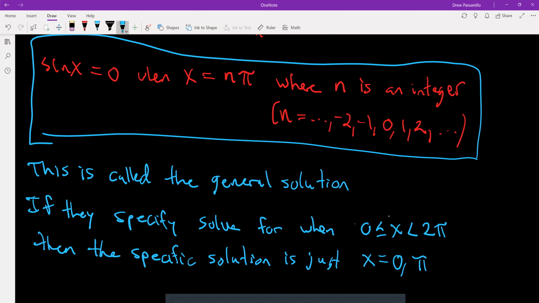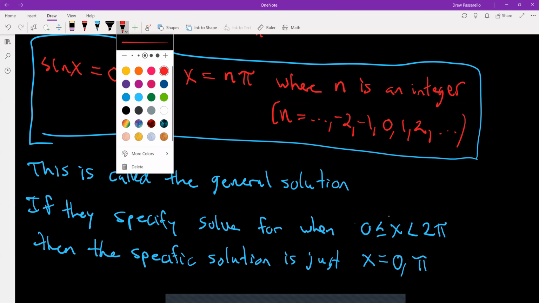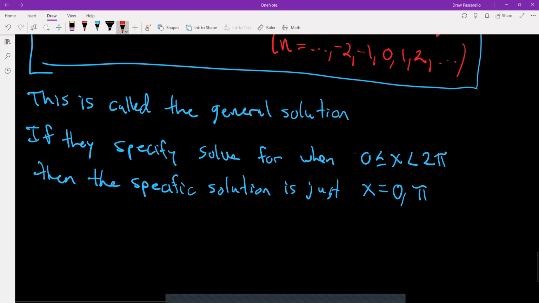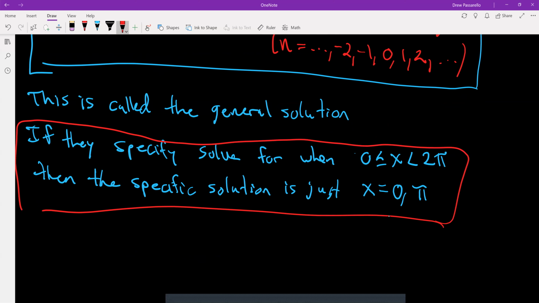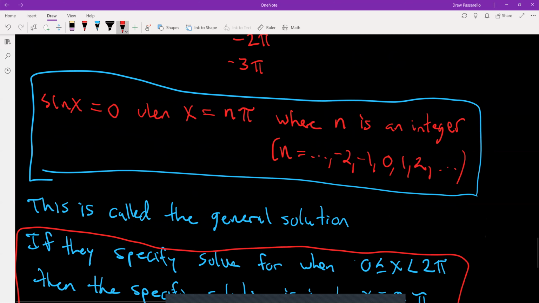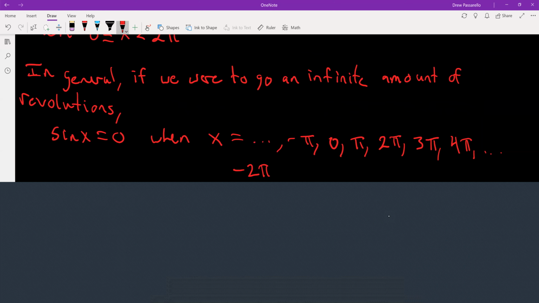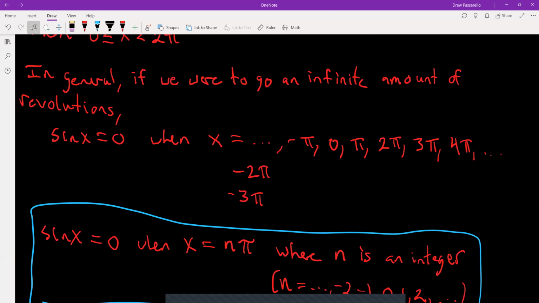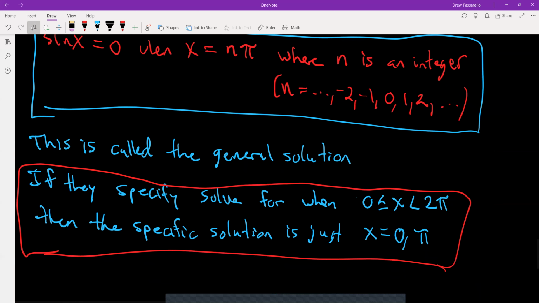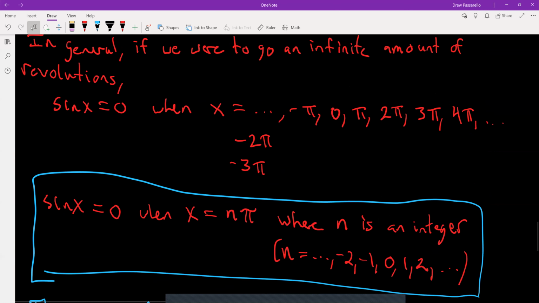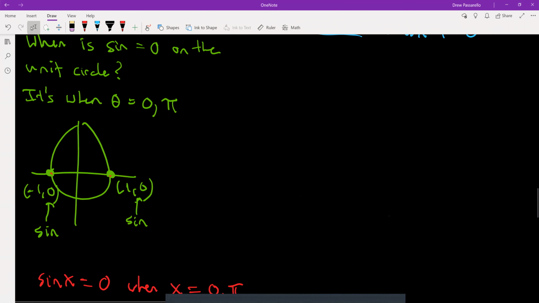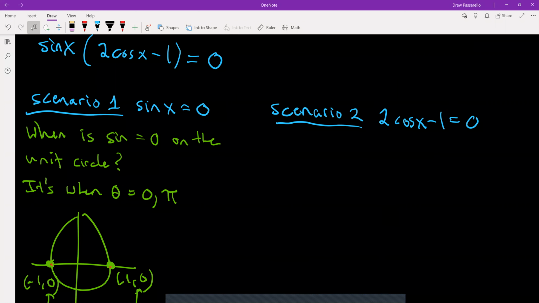All right, that's if they ask for a specific solution. So I'm going to box that just to say sometimes this depends on the wording. I didn't specify in this, I just said solve, which generally if it just says solve and they don't specify an interval, then you just use the general solution. Now, mind you, this is only for the first scenario when sine of x is 0.